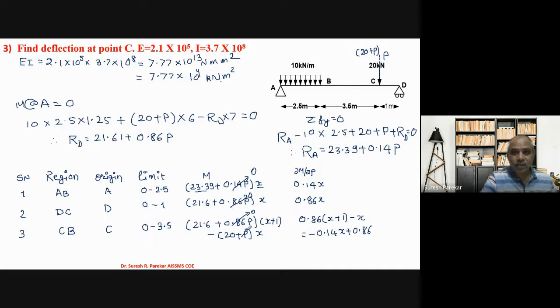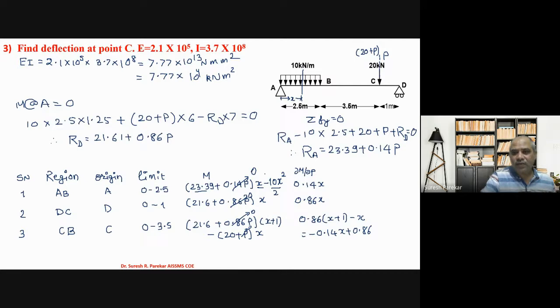Sorry, in this we have committed one mistake. Here we have to take minus 10x squared by 2. It comes because we are taking x here, so we have to consider the moment of the UDL also.